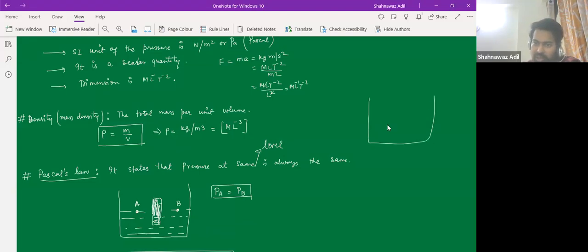Let's say we have this liquid, and we calculate the pressure at this point and the pressure at this point.